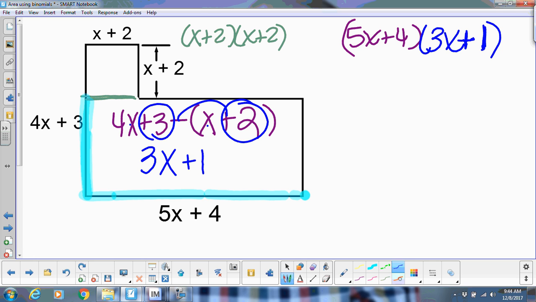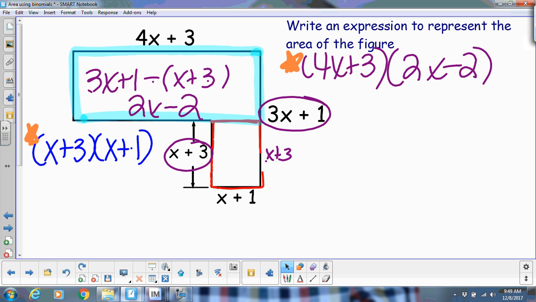Okay, and then again, once you multiply those out, you'll add those together to get your total area. Because you're adding, it won't matter. Okay, all right, go ahead and do those two real quick, and then we'll go over those two.